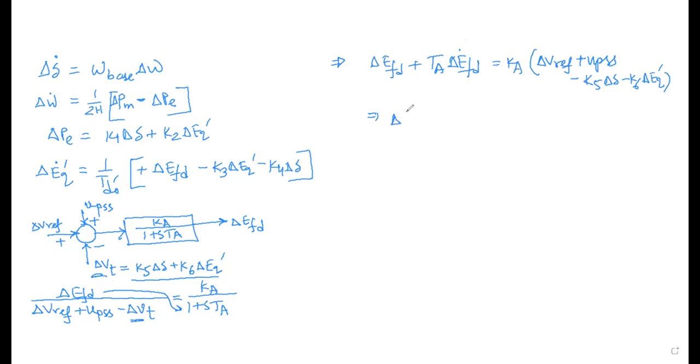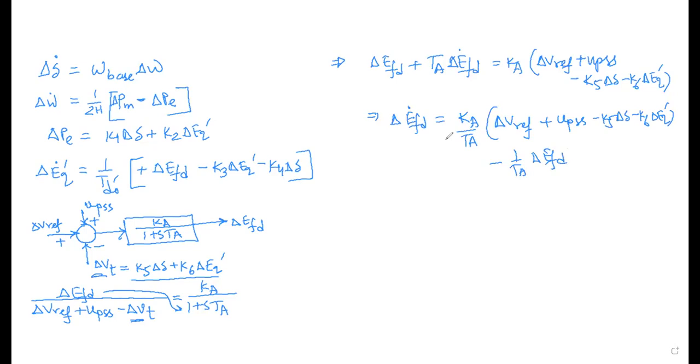Then we actually need only delta EFD dot on the left hand side. So this would be Ka over Ta, del Vref plus UPSS minus K5 del delta minus K6 del Eq dash, minus 1 by Ta delta EFD.